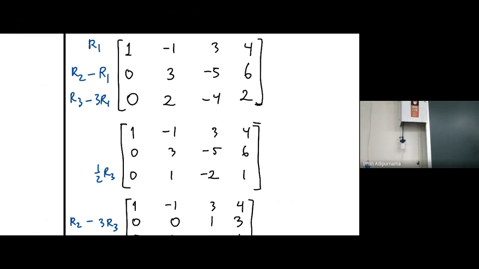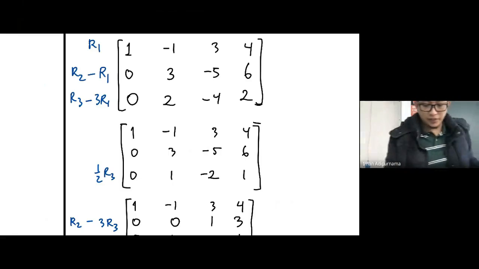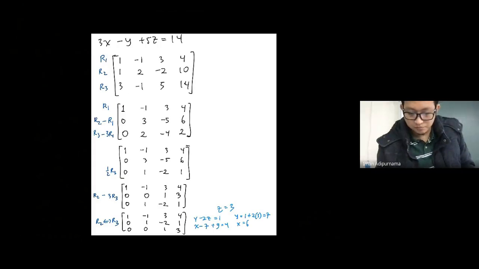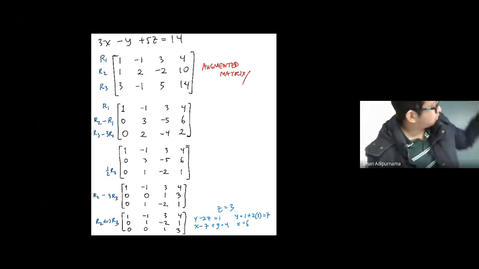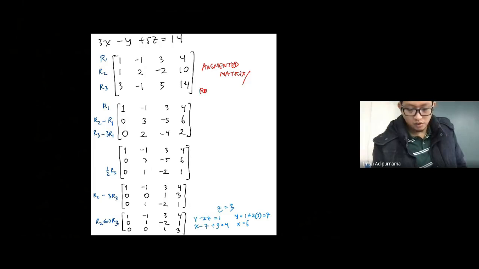Another name for this augmented matrix, or the whole thing, is the row echelon.